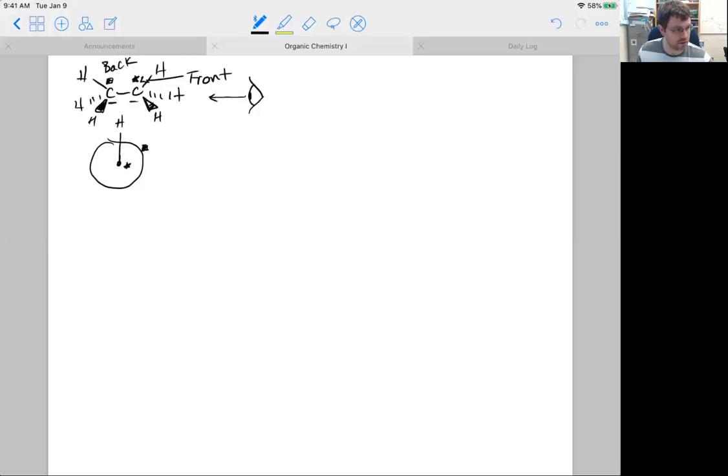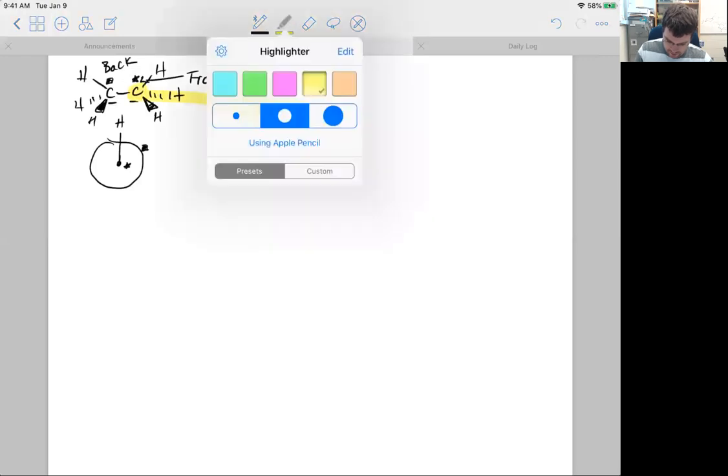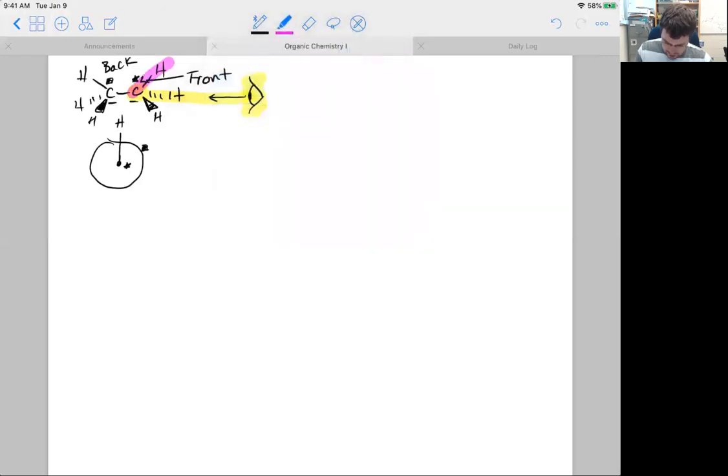I'm going to hold off on the square for a second. But I've drawn one of the H atoms pointed straight up. Again, if we're looking at this starred carbon, our eye is bumping into the starred carbon first, it's going to see a hydrogen sticking straight up.